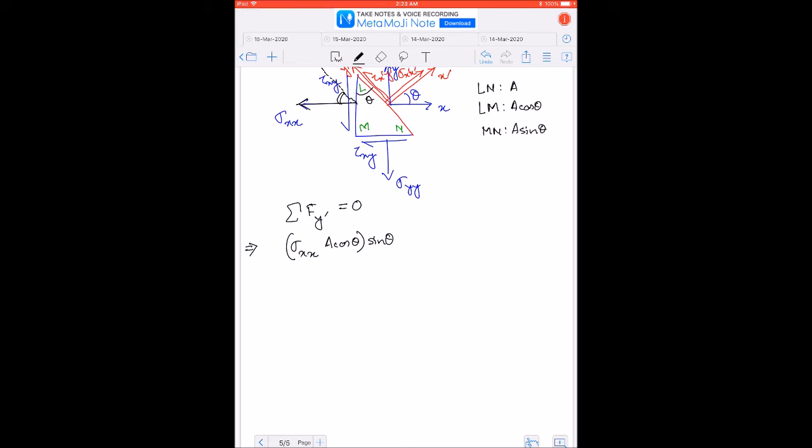Now let us write down the contribution from the tau xy, the tau xy that is lying on the edge Lm. So this is tau xy, again a cos theta.